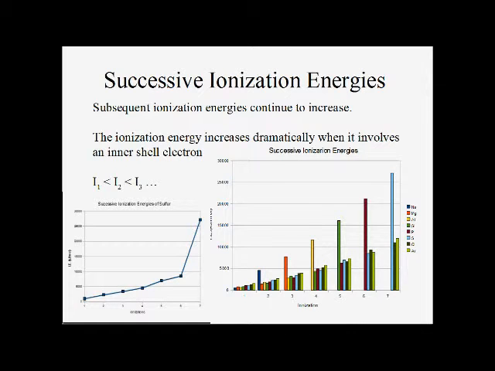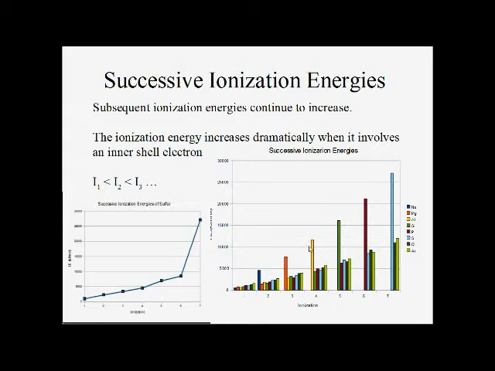But if we look at any one particular atom, we're going to see increase, increase, increase, increase, increase, and then at some point, the magnitude of the increase jumps tremendously. So for that same row, if we plot these ionization energies, the sodium one becomes a dramatic increase at the second ionization energy.